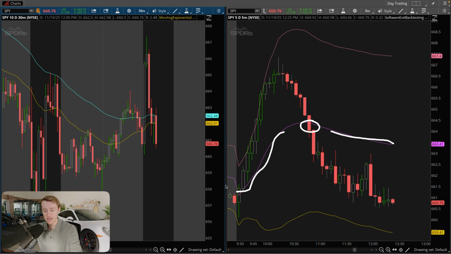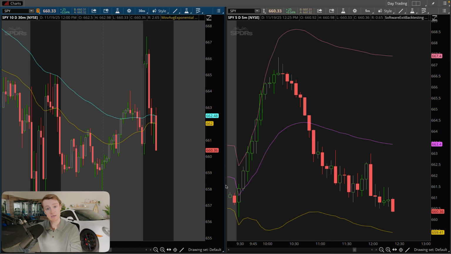Now, throughout the day, what we know will happen, because the market is balanced, because we're in a horizontal market, because our moving averages are not touching, is that we will move from our bottom VWAP to our middle VWAP, to our top VWAP, to our middle VWAP, to our bottom VWAP.